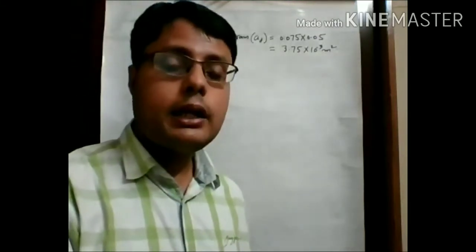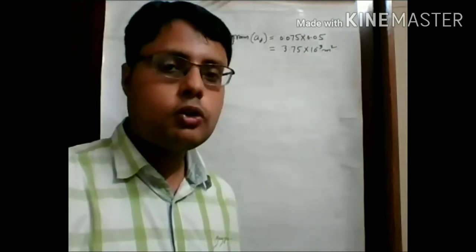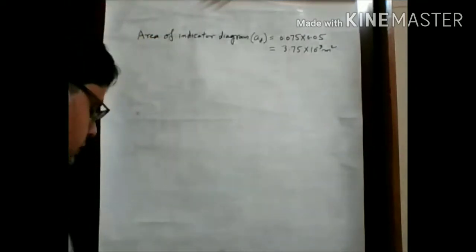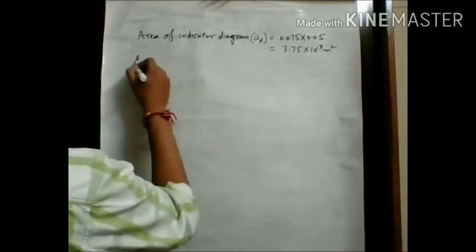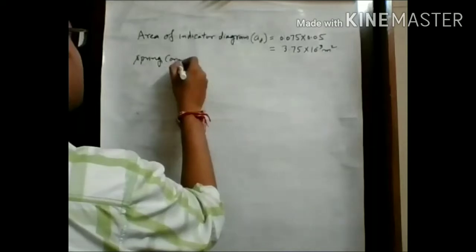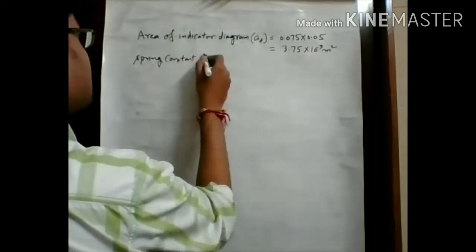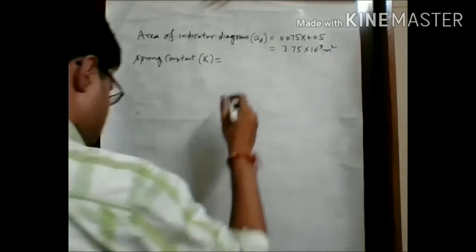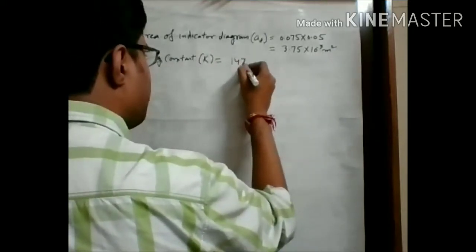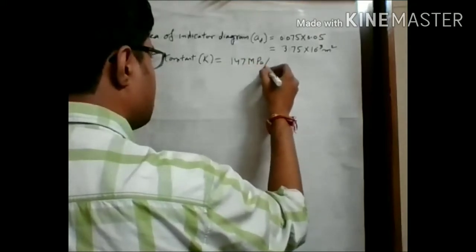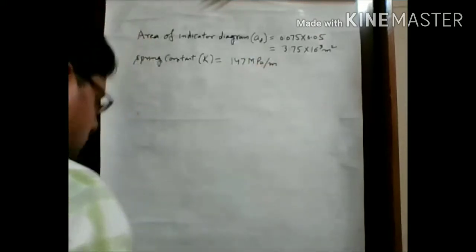And inside the problem, we also know the value of the spring constant. What is the value of the spring constant? Spring constant K is equal to 147 megapascal per meter. Okay.